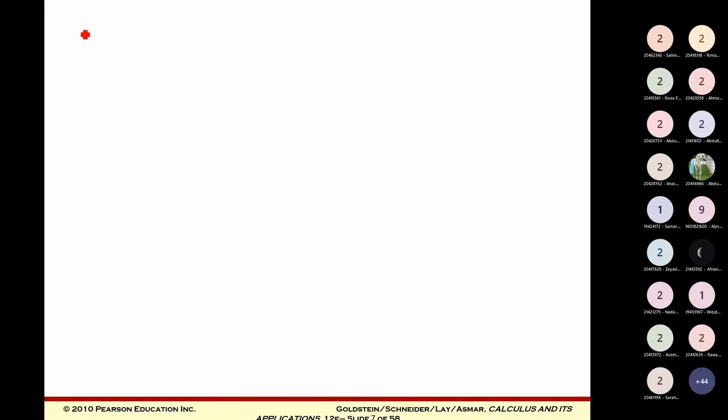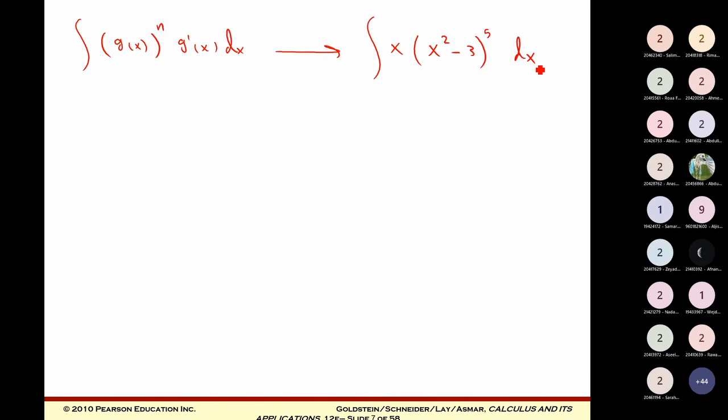If we have a bracket like this, for example g(x), and outside g prime, and this bracket with power n, for example, we have x, and inside we have x squared minus 3 to the power, for example, 5. No need for the exact number, for example 2x.